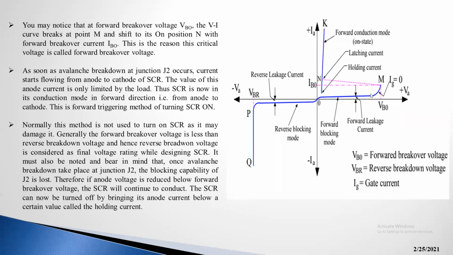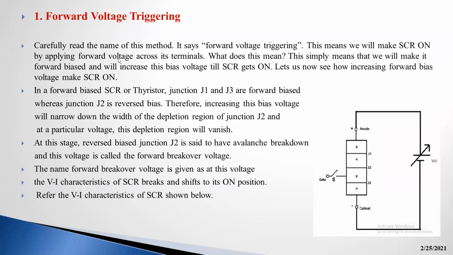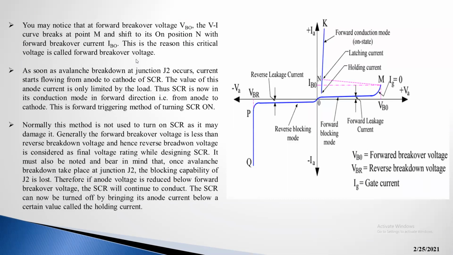It is clear, but this is not a reliable method, because we are applying a high voltage, and due to this high voltage there is a chance to damage the SCR. This is the simple concept of the forward voltage triggering method. It is not a reliable method.